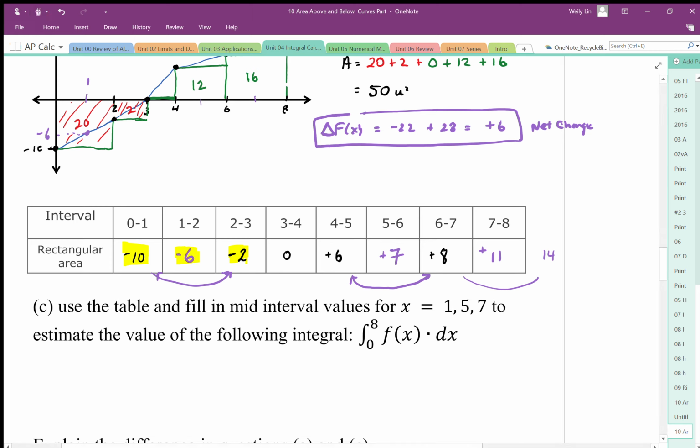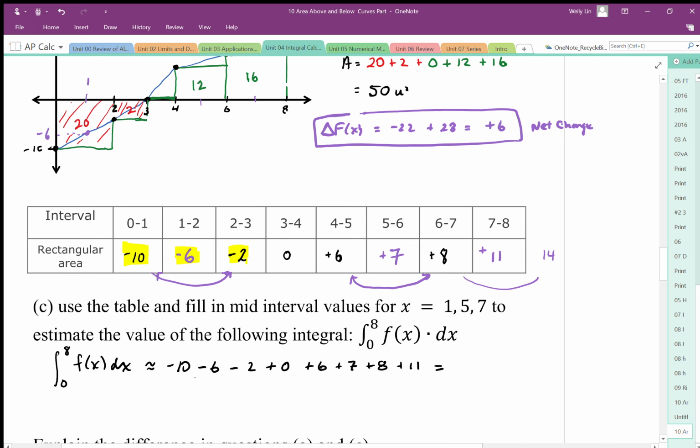The integral from 0 to 8 of f of x dx is approximated by -10 -6 -2 +0 +6 +7 +8 +11.